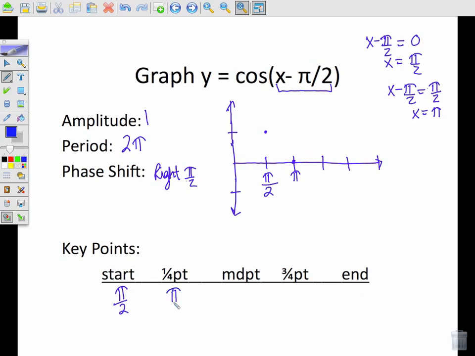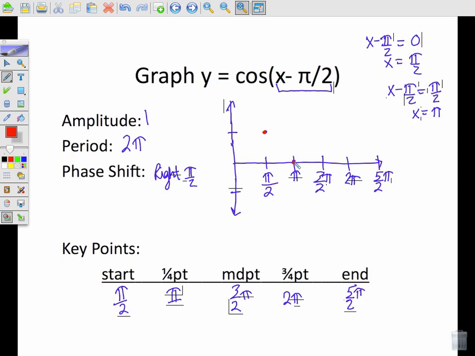I can go by my scale here. If my distance between these two is pi over 2, then this would be 3/2 pi. So the next mark is 3/2 pi, and then the following one would be 2 pi, and then the final one would be 5/2 pi. I'm just counting by halves, so 1/2, 2/2, 3/2, 4/2, 5/2.